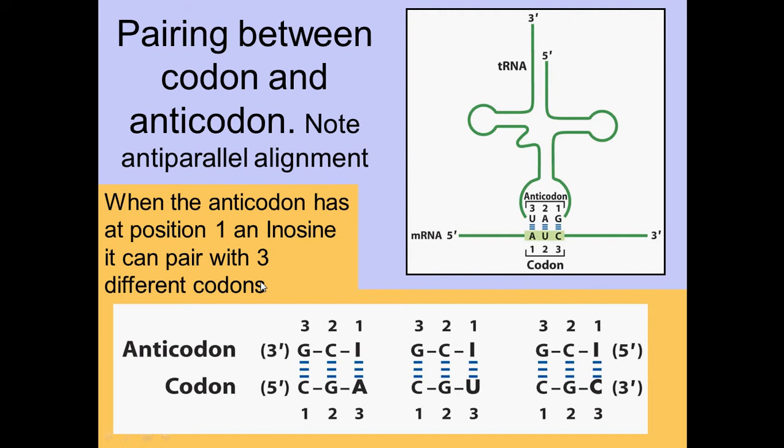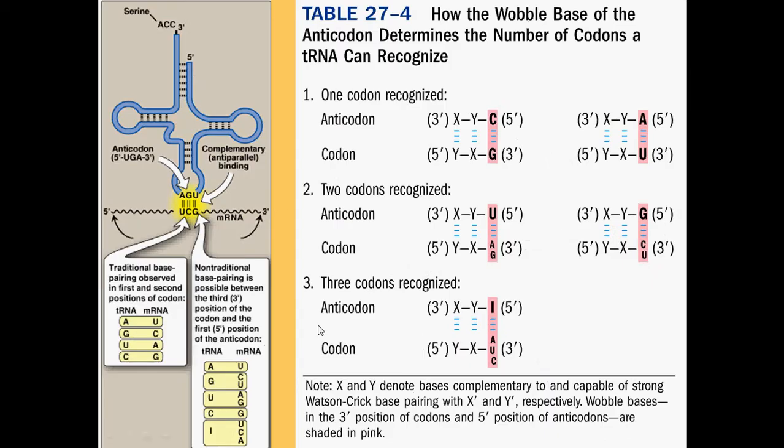There are only 30 to 40 transfer RNAs, so some transfer RNAs are going to be able to recognize more than one code, because there's 61 codes and 30 to 40 transfer RNAs in a cell. So there's like 21 to 30 transfer RNAs missing.